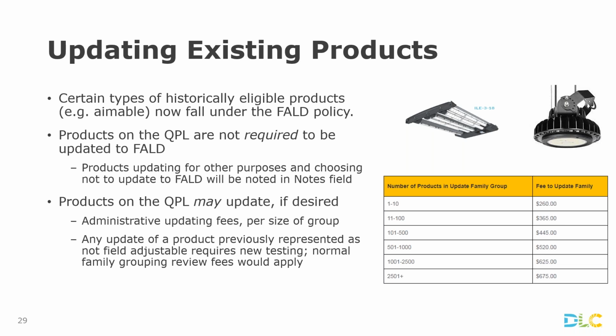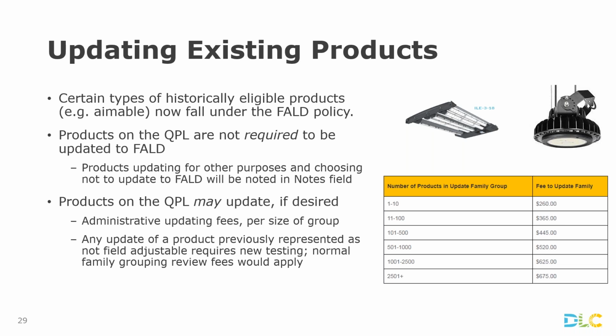The last bullet here is, although you're not required to update to FALD, there are provisions for updating if you desire to do so. If you would like to update, you're encouraged and provided a pathway to updating your products to FALD. And there's really two contingencies within this pathway.